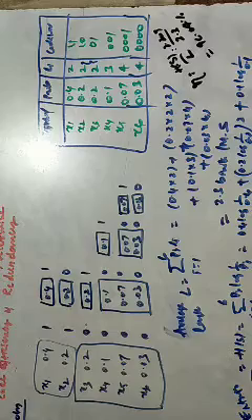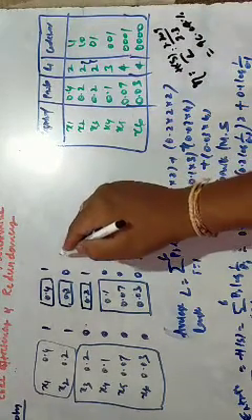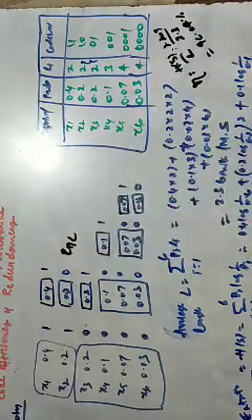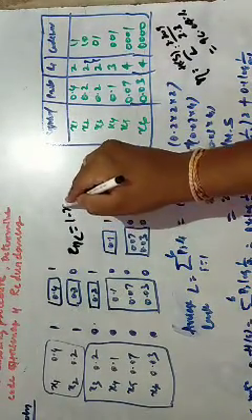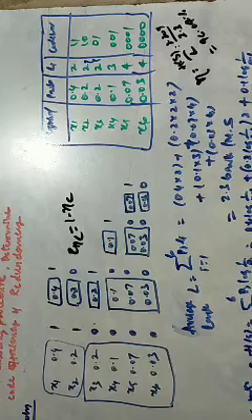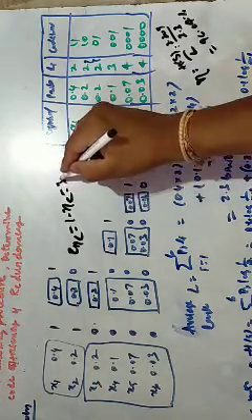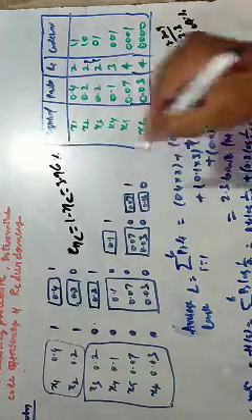Similarly, redundancy is equal to 1 minus efficiency, and that answer is 3.96 percent.